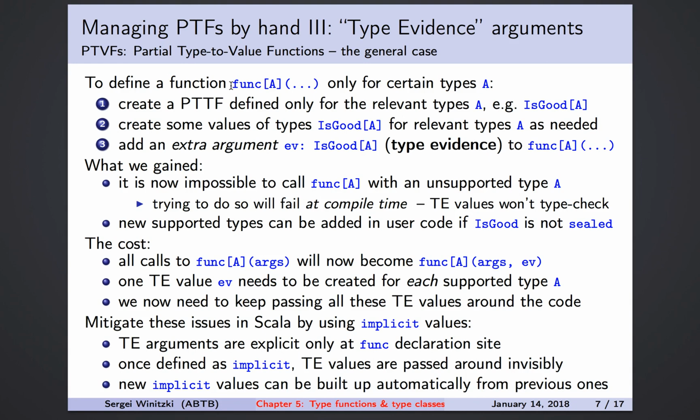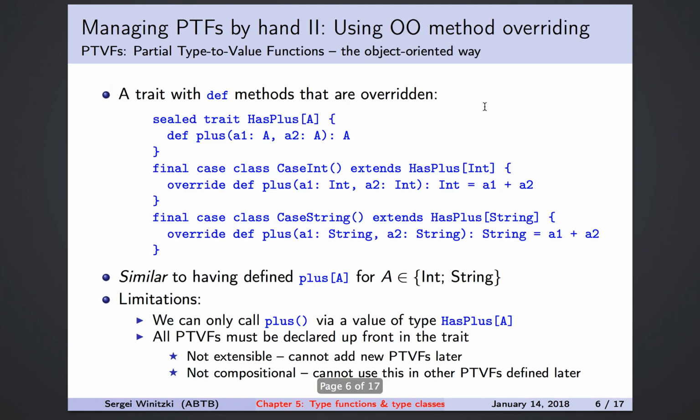So here's how it works. Suppose we want to define a function func with type argument A and some whatever value arguments. And we want to define this only for certain types A. First, we define a partial type to type function that is defined only for these types A. So we do it in the same way here.